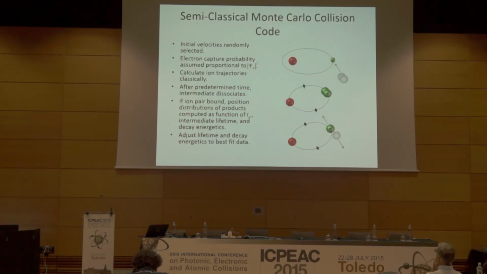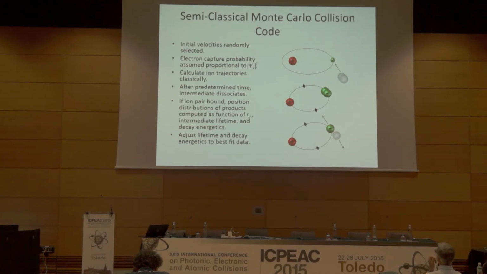To analyze these distributions, we can compare them to distributions calculated using a Monte Carlo collision code, which simulates the initial velocities of the atom and the target molecule, the collision between them, the subsequent dissociation of the intermediate, and the final trajectory of the ion pairs. So first we have a Rydberg atom. We simulate a Rydberg atom colliding with a target molecule, and the initial velocities of these are taken from the appropriate distributions.